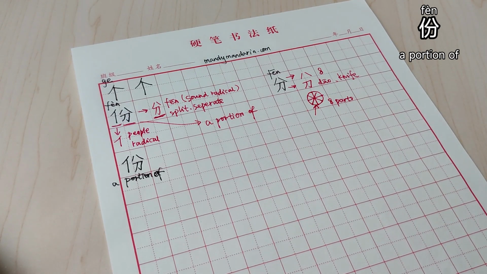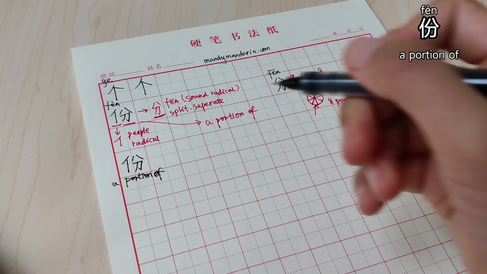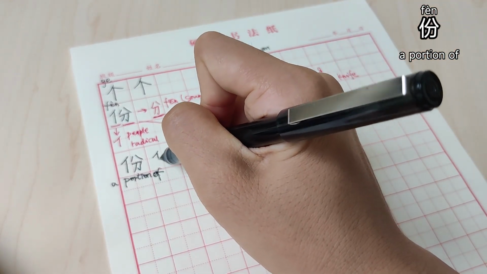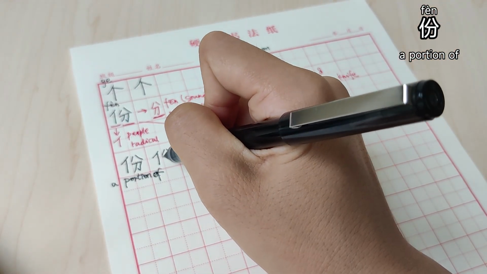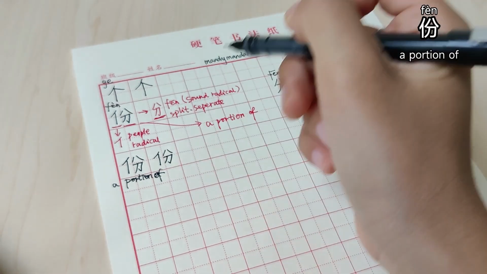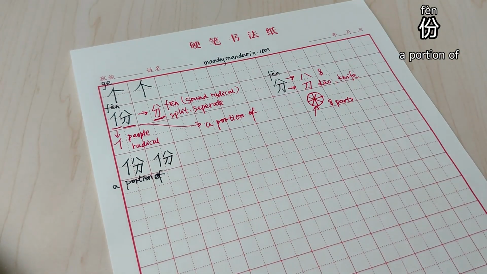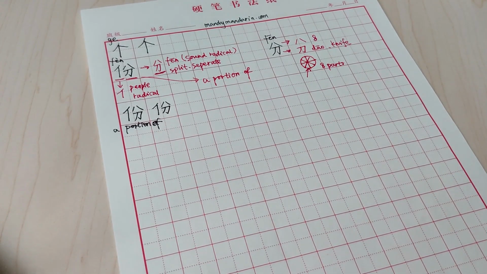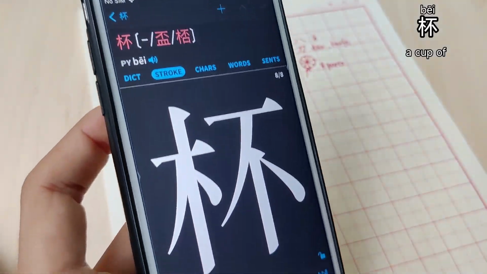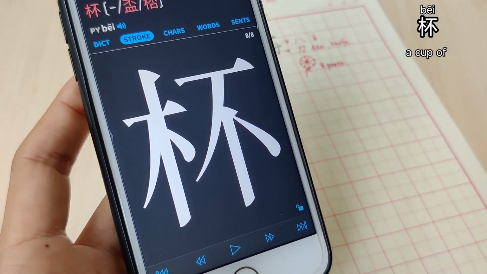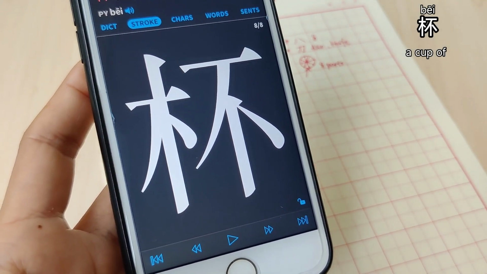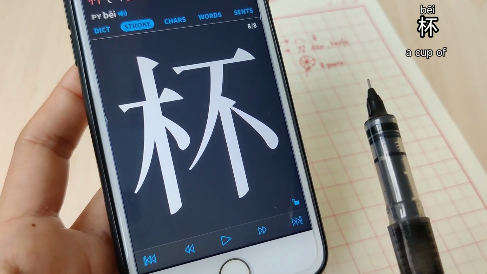Now let's try to write it one more time, okay? So we have people, and 8 of them, and use the knife to cut the cake, so everyone will get a portion of it. Very good. Move on to the next word. 杯, a cup of, cup. And we have a left-right structure.